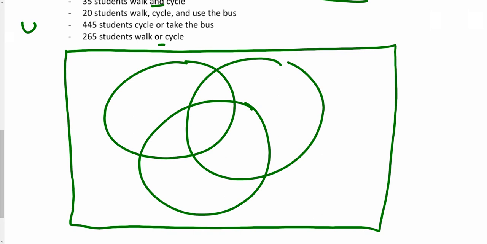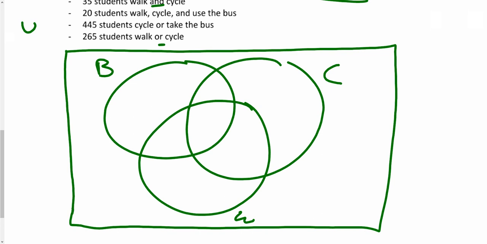And then we'll just label them bus, cycle, walk. I always try to find a piece of information that incorporates everything at once, like a group of kids that do none of these, or something that uses all three of them.